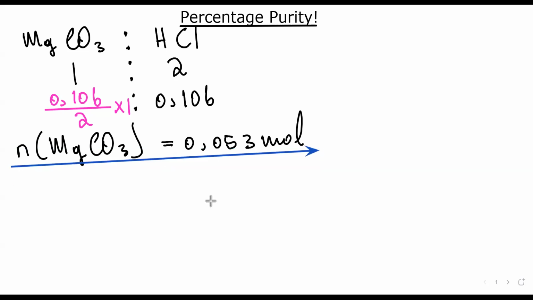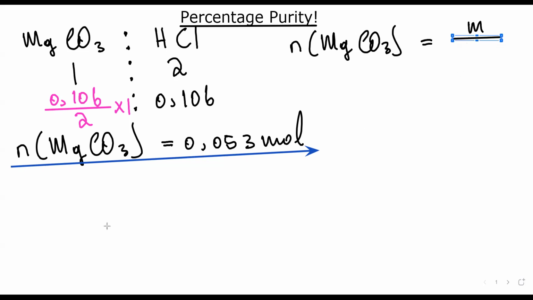So now we know the moles of the base. It's now easy to find the mass of the base. We know that the number of moles is defined as the mass divided by the molar mass. Well, we have 0.053, which is set equal to mass there. And what is the molar mass of magnesium carbonate?